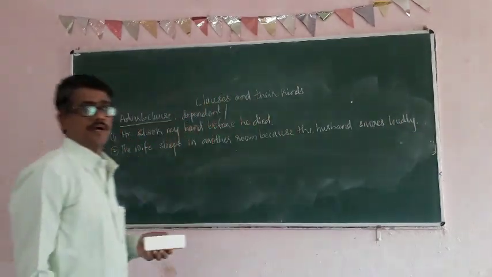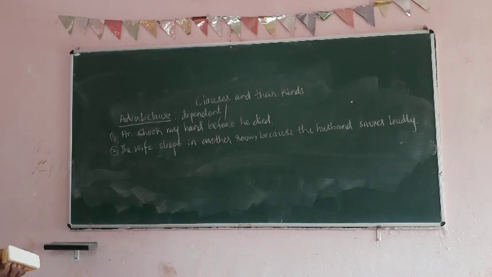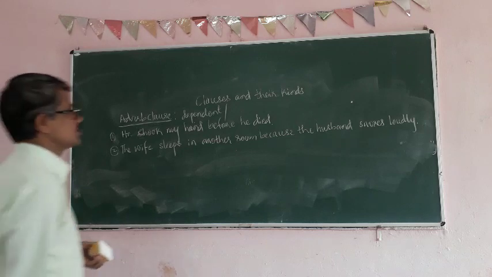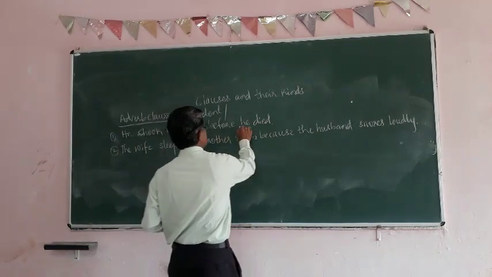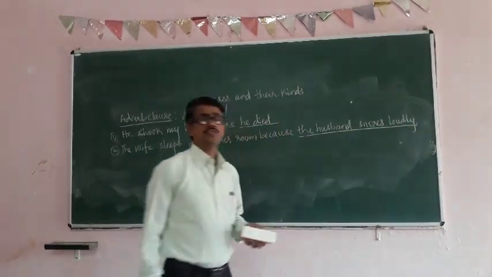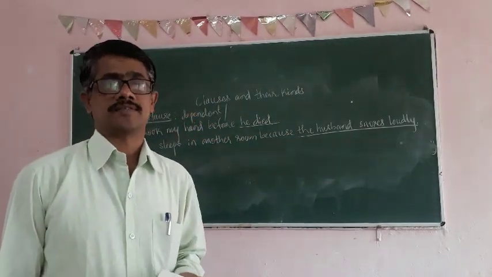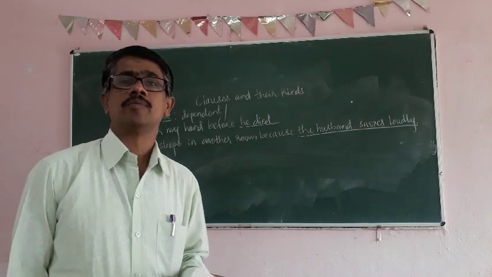The examples for adverb clause: he shook my hand before he died, and the wife sleeps in another room because the husband snores loudly. Before he died, and because the husband snores loudly, these two parts of these two sentences are called adverb clauses.